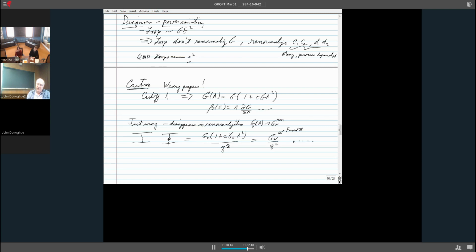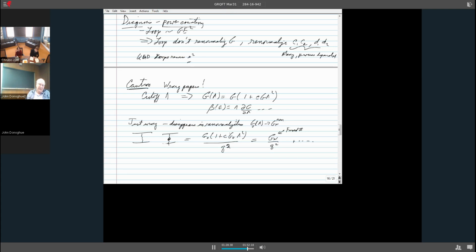Here's the feature. This disappears in renormalization. Okay, so let's do some process.